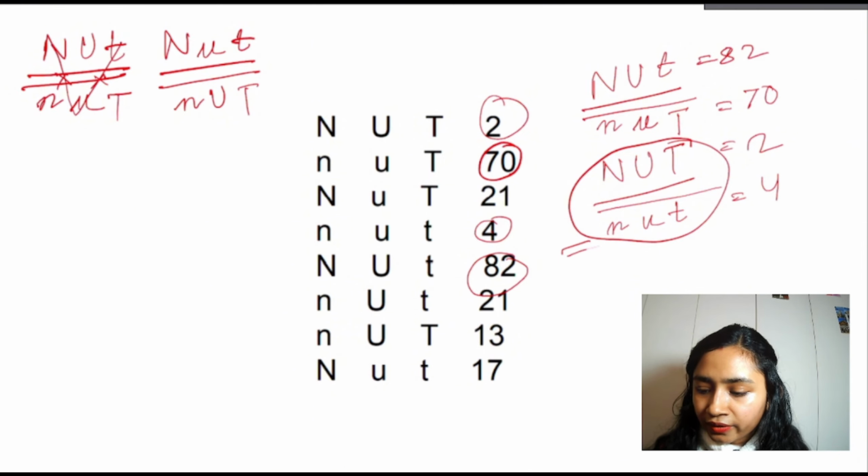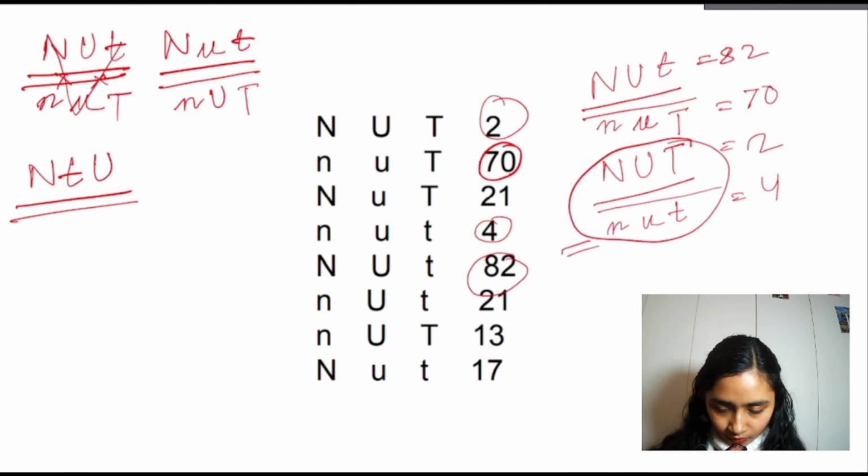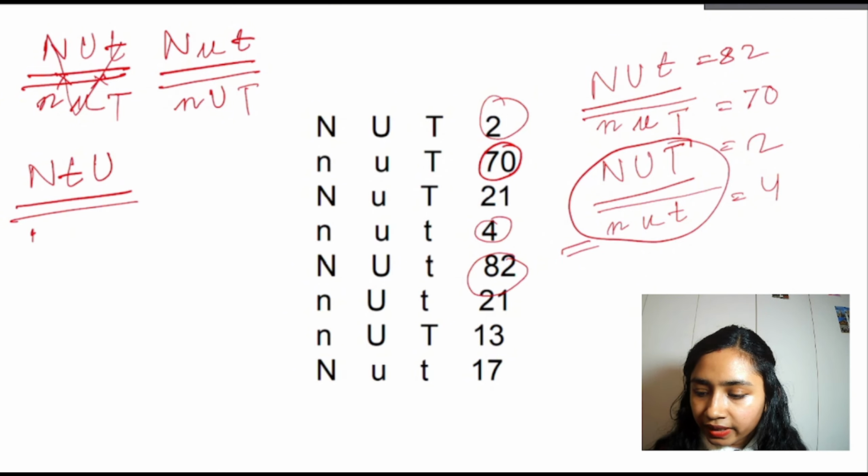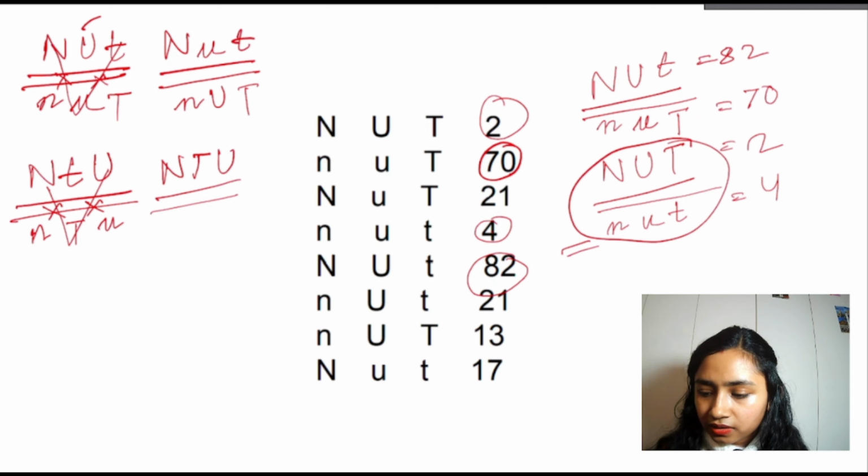No. Now if I change the position, so N in this position, T in its place, U in this place, you have to change the middle position every time in order to get the DCO. So N T, now T in the middle. At first we did U in the middle, now T in the middle. Now let's see if I get here N T U, then N T U. Now here you can see the position is matching.